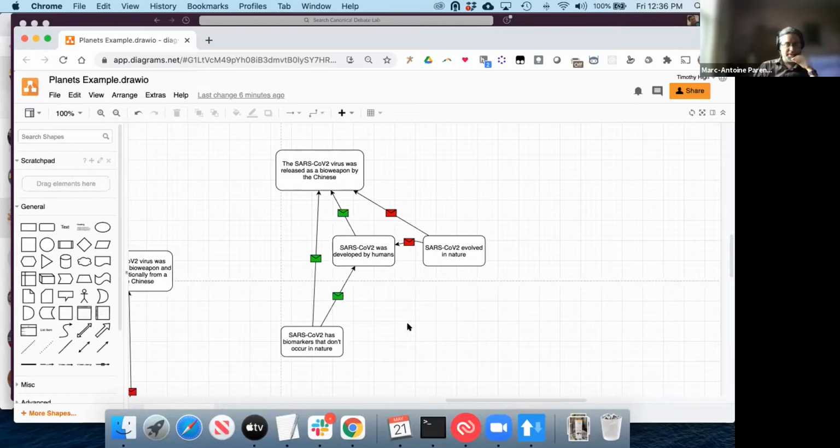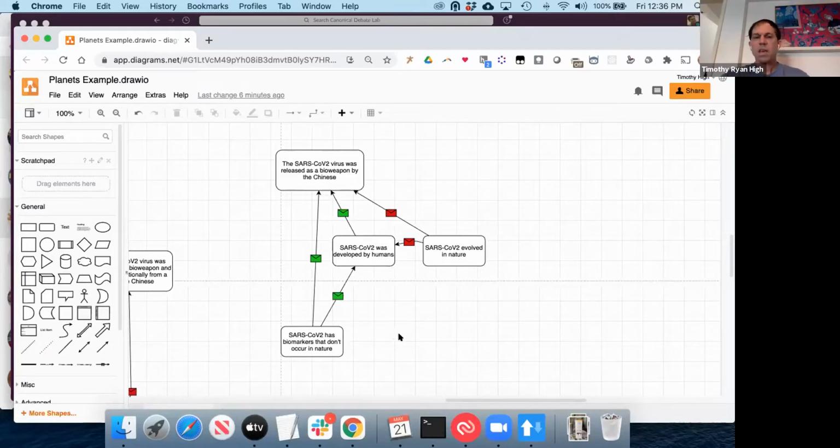Right, but my point is, if you're centralizing the disagreement, should this disagreement be sent about this one where the science is showing that there's biomarkers in the genetics of the virus that don't occur in nature? Let's say that claim is being made.